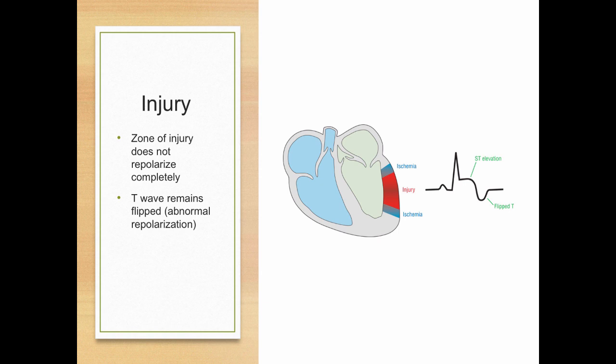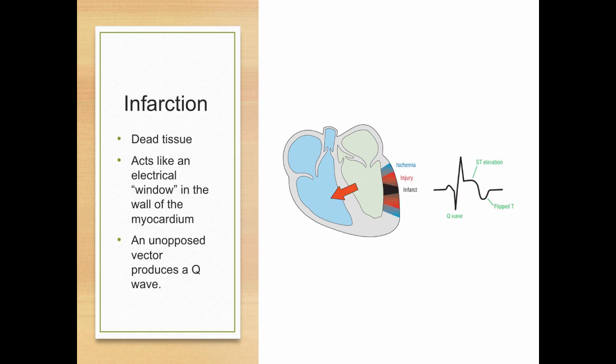But if we wait too long, we end up in complete infarction, and this is just dead tissue. And your cardiac cells do not regenerate. If a part of your heart dies, those cells are dead. So here again, you might see ST elevation, might see a flipped T wave, but here's when we get into that Q wave that we talked about earlier on.